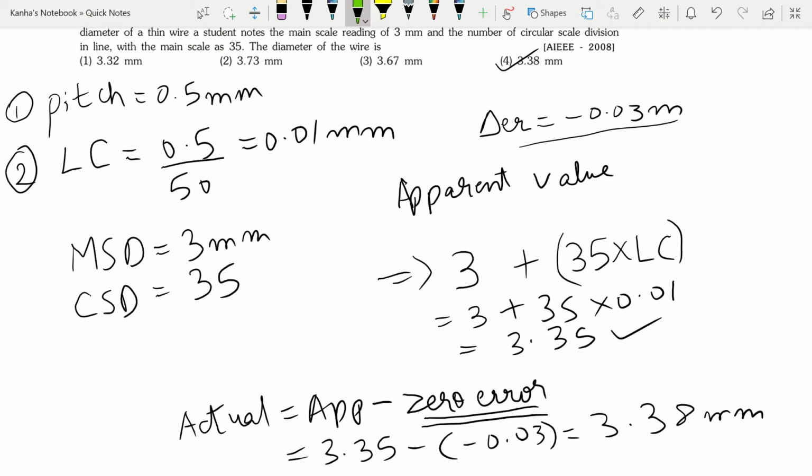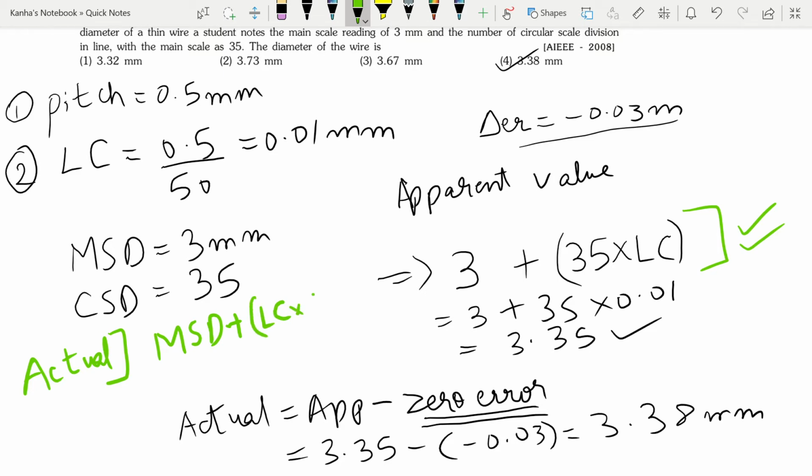So what you should notice, first of all, this is valid for screw gauge, this is valid for vernier caliper, this is valid for every instrument that is there. Whatever your actual reading for any experiment, your actual answer is your main scale reading plus least count into either your circular scale reading for screw gauge, or if it's a vernier caliper, then you will have a vernier scale reading, and from this you subtract the zero error.